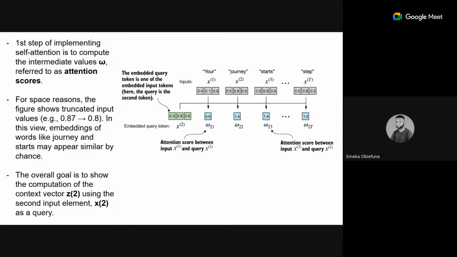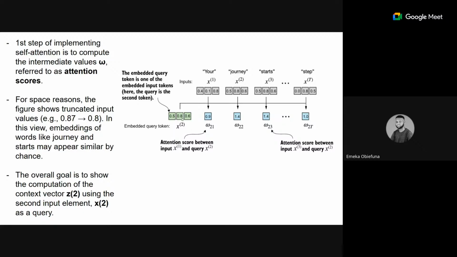So the first step is for us to compute the attention scores. And remember the overall goal is for us to be able to get the context vector for this guy called Johnny. Since Johnny, which is the second input token, is what we are very much interested in, we are going to refer to this guy as an embedding query token, which is exactly what you are seeing here.